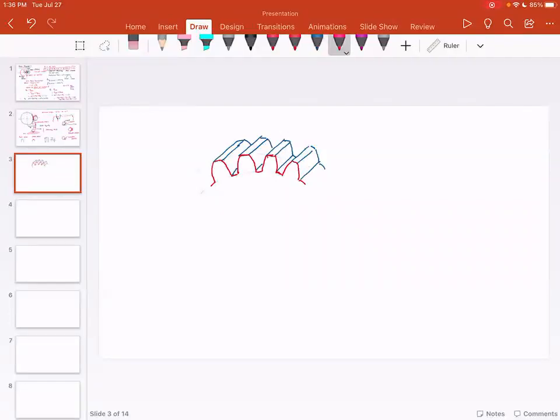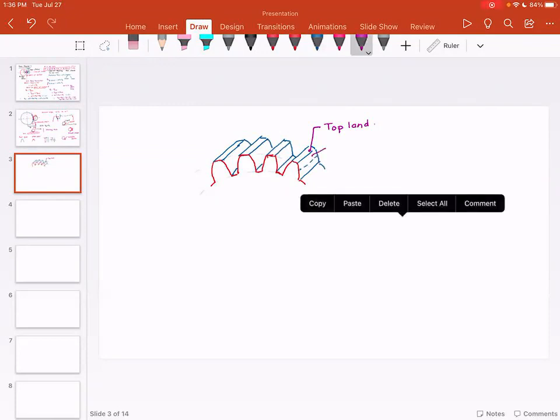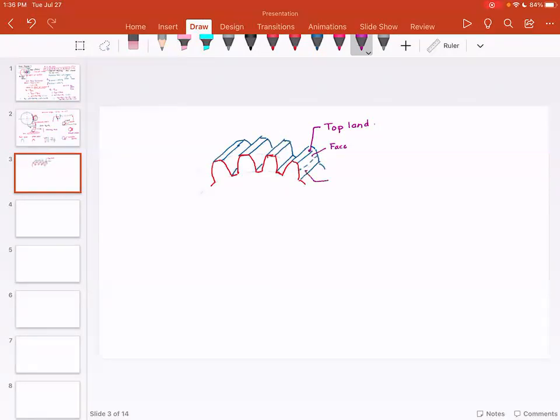So this is called the top land. Side part, this is called the face. This is called the flank.